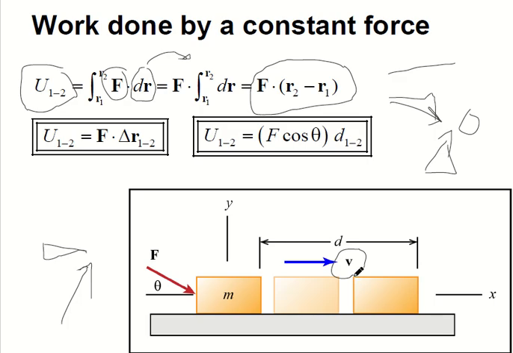We call velocity the character of the motion. So you can look at this diagram and understand that this block with this mass is going to move that distance with this force. The work done is force times distance. Of course, the force is at an angle, so we use F cosine theta, and D is the move from position 1 to position 2.